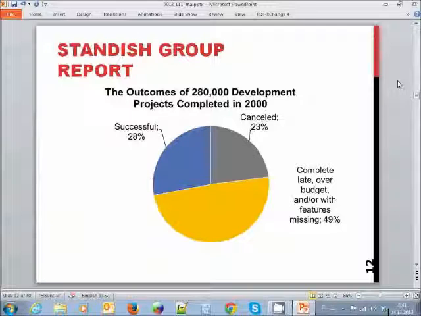But the worrying part is the 49%, half of the projects, which are completed late, over budget, and/or with missing features.